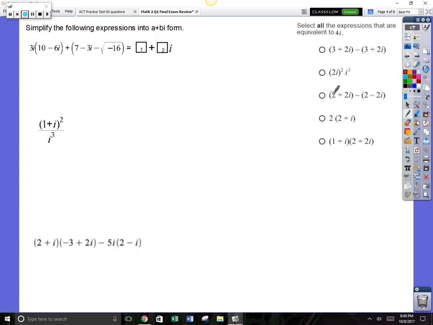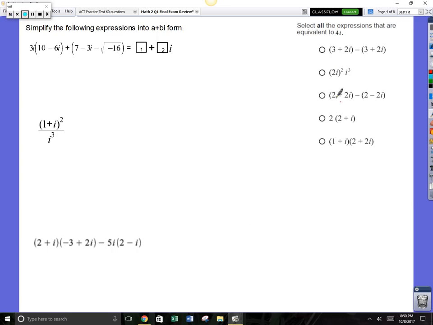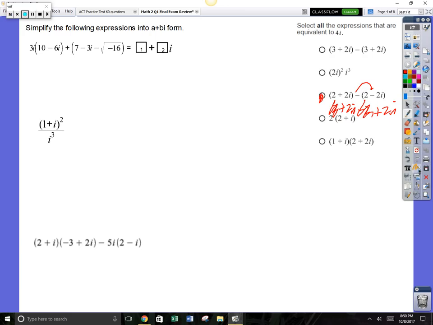Okay, this one's the same as number 1. It's not going to take any time. 2 plus 2i. Take the negative to both of them, and there's already a negative. It's going to be negative, negative, so it's going to be positive 2i. So 2 minus 2 is 0. 2i plus 2i is 4i. Yes, that one is a check also.